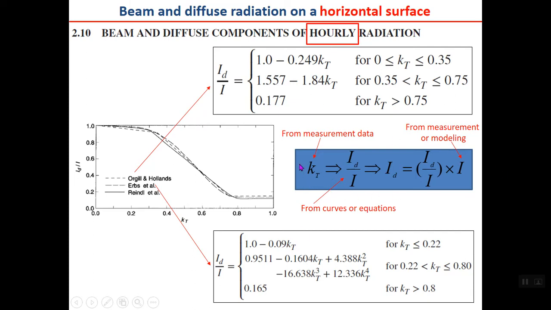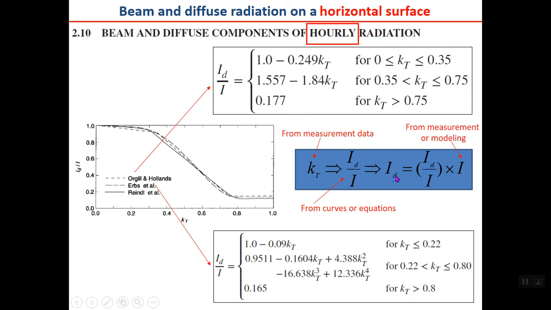So either by the curves or the equations, this is the procedure that we will follow. This is very important, please pay attention to this. You have kT, from measurement data, for example, as I showed you in the last session, in some cities in Iraq, you have the kT value. Then you go to the hourly kT value. Then you go either to the curve or to the formulas and find the ratio ID over I. For example, here you can find it, or by the formulas.